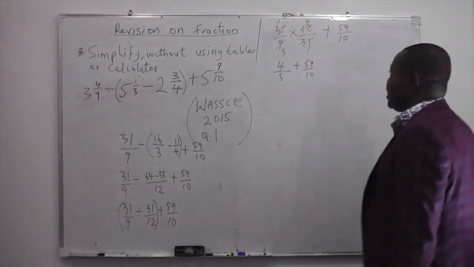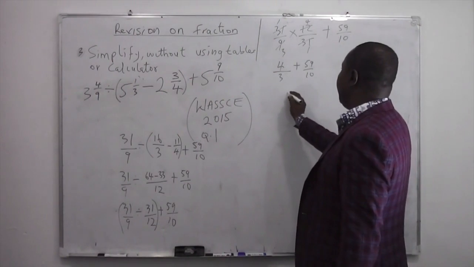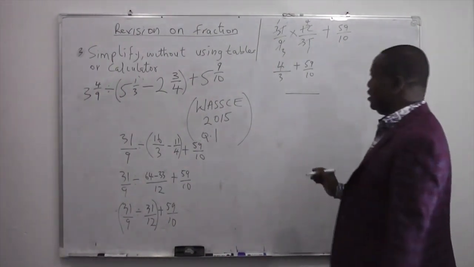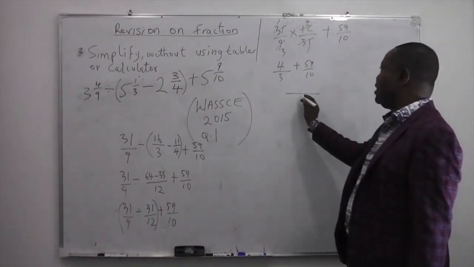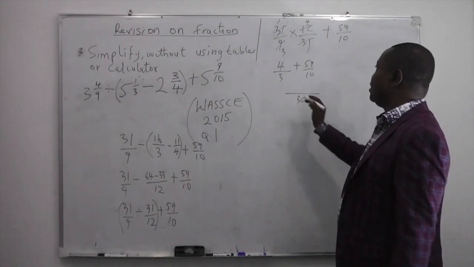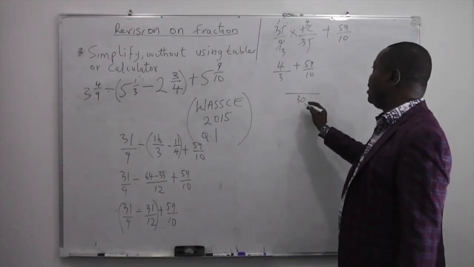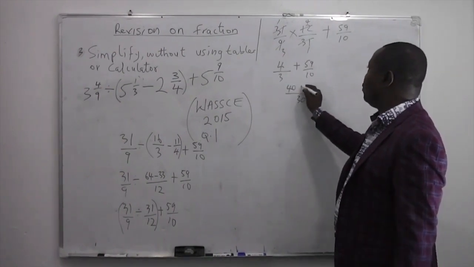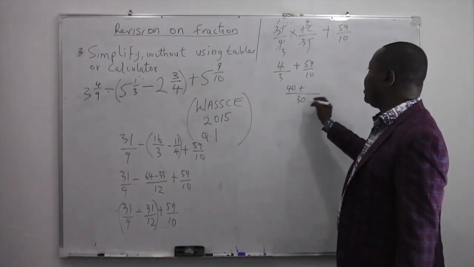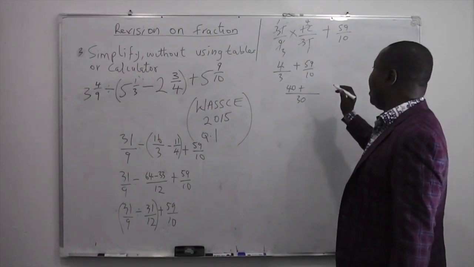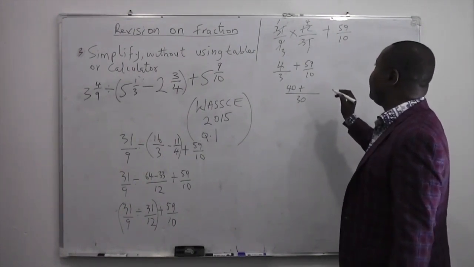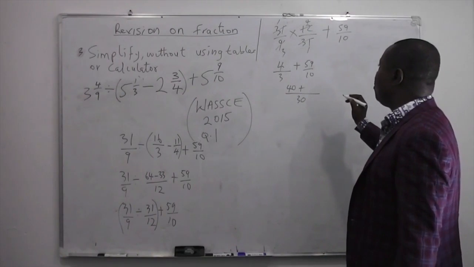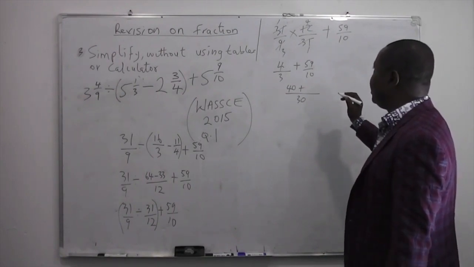At this point, it's addition. So you find the LCM of 3 and 10, which is what? 30. Now, 3 divided into 30 is 10. 10 times 4 is 40. Plus 10 divided into 30 is 3. And 3 times 59 will give me 179.